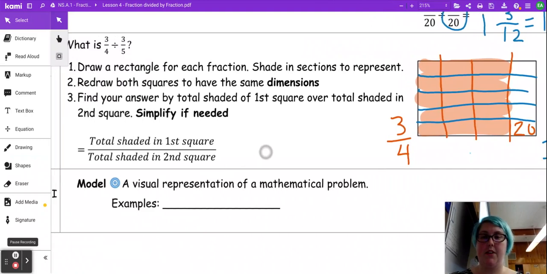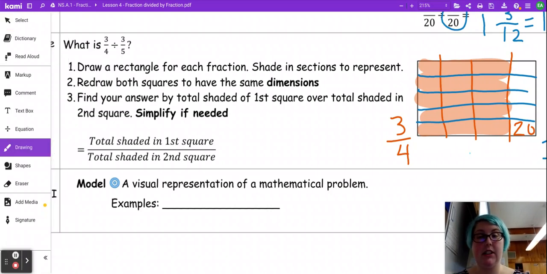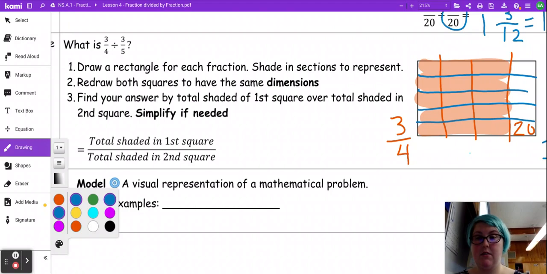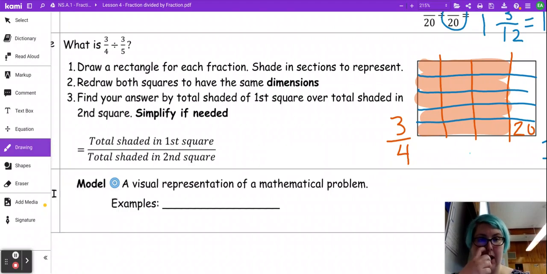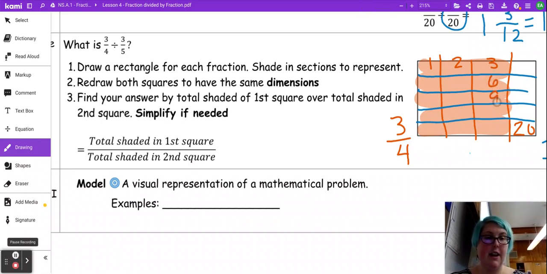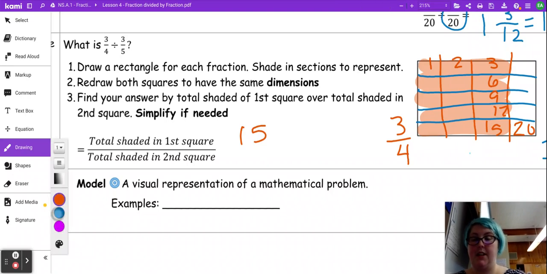Now, in our directions, we need to find the number that are shaded in the first square and the number that are shaded in the second square. So we're literally just going to count that. We have 1, 2, 3, 6, 9, just doing multiples of 3 here, 12, and 15. So the total in the first square is 15.